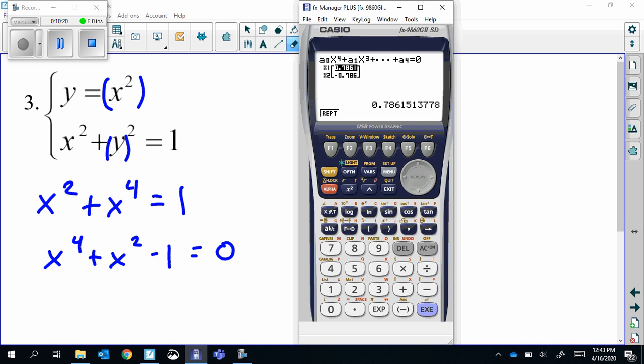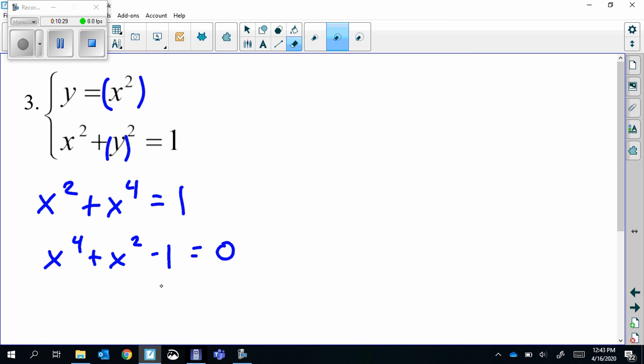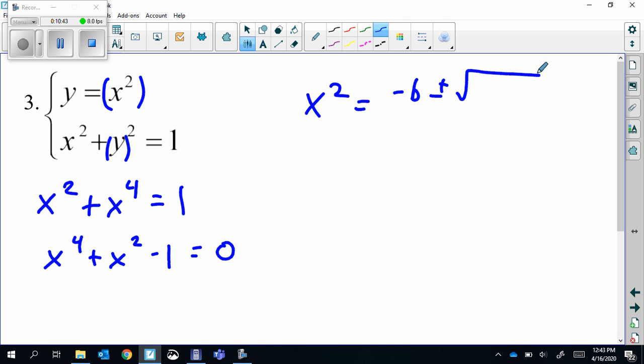Now, the other thing you could do is you can do quadratic formula to solve this out as well. You just have to remember that when you do quadratic formula for higher degrees like this, you're not solving for x, you're actually solving for x squared. So quadratic formula, negative b plus or minus square root b squared minus 4ac all over 2a. And we can plug in all these numbers here.